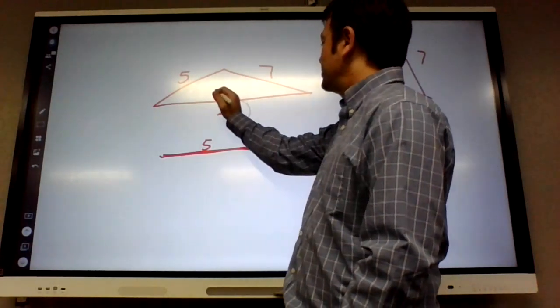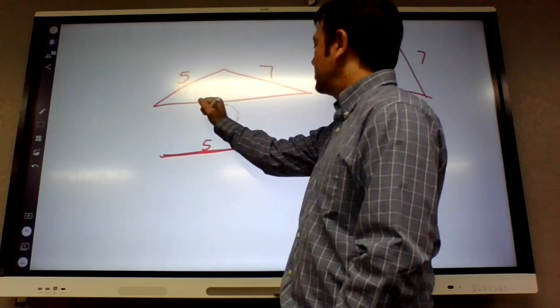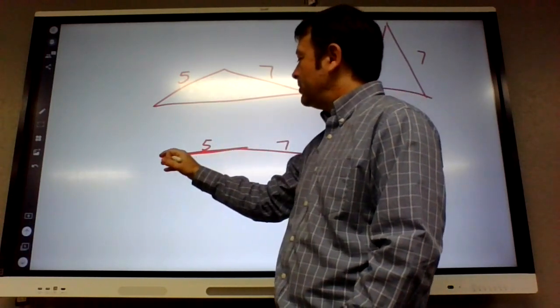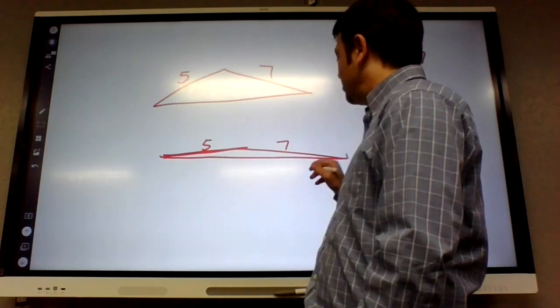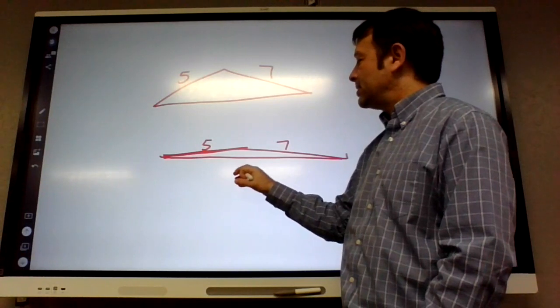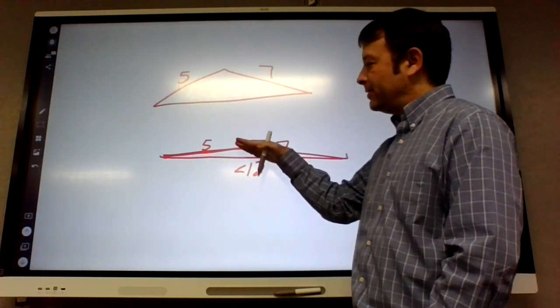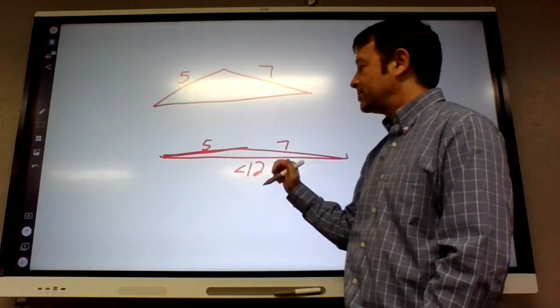So the longest they could be is something less than 12, because together they make 12, but it'd have to be a straight line. So this has to be something less than 12.